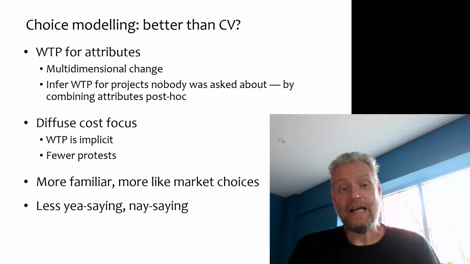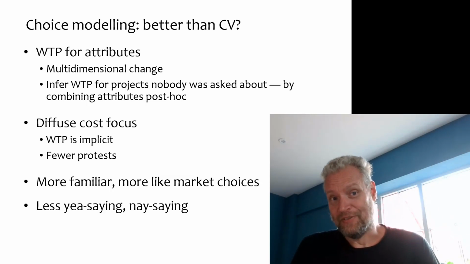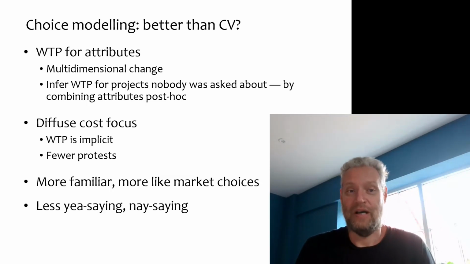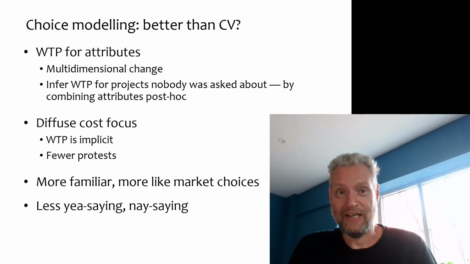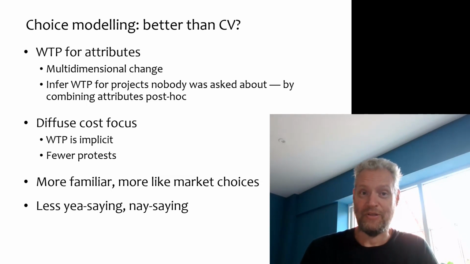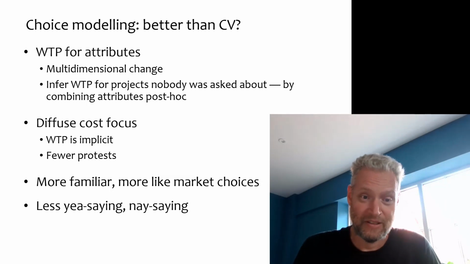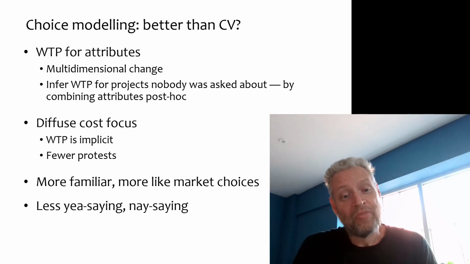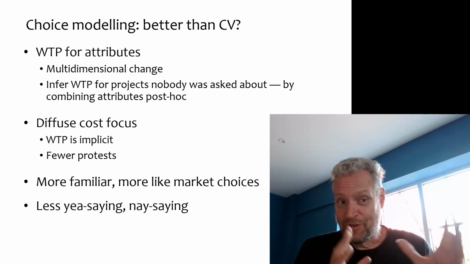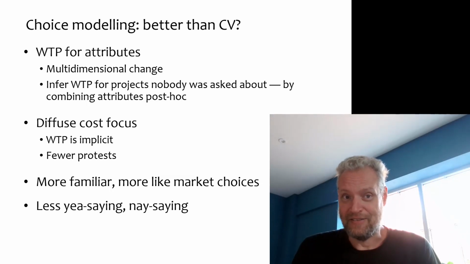Unlike contingent valuation, where it's very much focused on the price, the price here is more hidden, so you get fewer protest votes if people do not like contingent valuation or do not like environmental valuation as a principle because they're against marketization, they're against capitalism. With choice modeling, that focus is not there so much, and therefore you attract fewer protest votes.